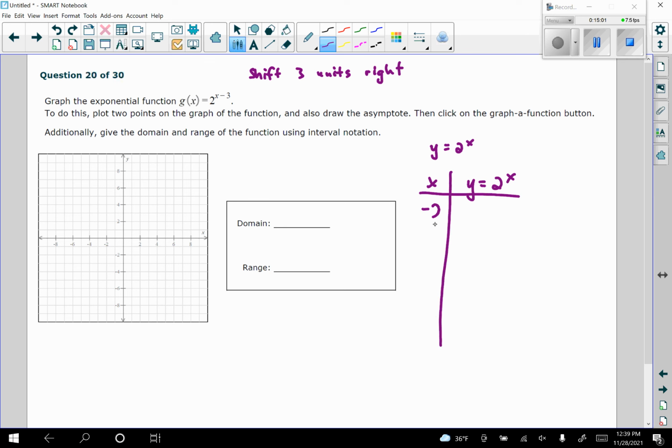So again, let's go -2, -1, 0, 1, and 2. So here we'll have 2 to the negative second, which becomes 1/2 squared, the reciprocal to the positive exponent. So we get a 1/4.